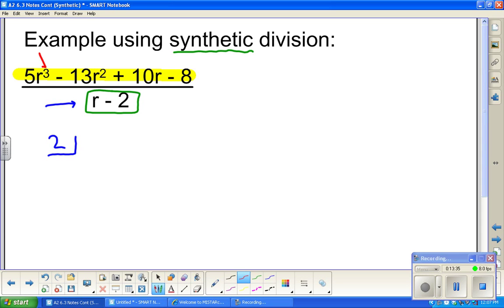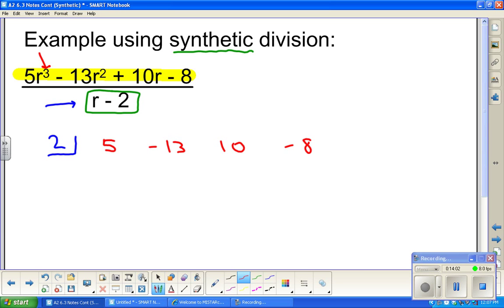We started with something to the third power, the next term was to the second, the next was to the first, so we don't need any zeros in here. We got everything in. You write those coefficients in order right next to here. So I have a positive 5, I have a negative 13, I'm not writing the variable or the exponent, just the coefficients. 10, negative 8.